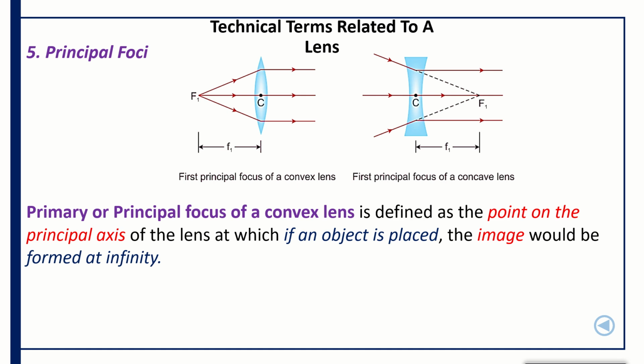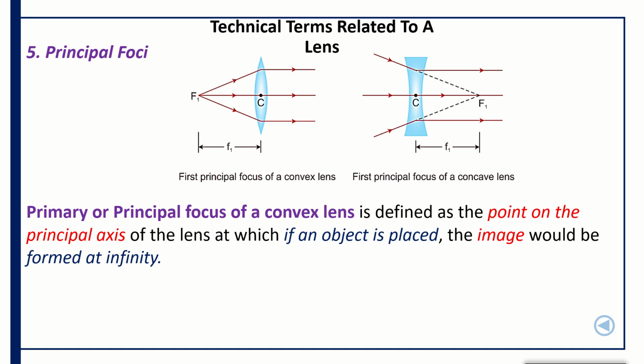So the primary or principal focus of a convex lens is defined as the point on the principal axis of the lens at which, if an object is placed, the image would be formed at infinity.